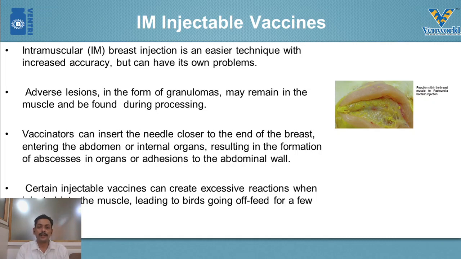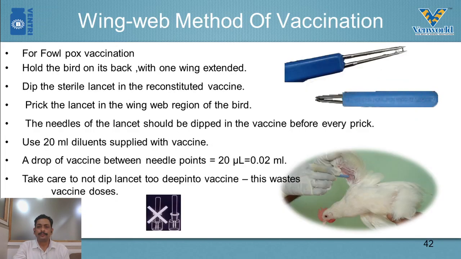Vaccinators can insert the needle close to the end of the breast, entering the abdominal or internal organs, resulting in the formation of abscesses in the organs or adhesions to the abdominal wall. Certain injectable vaccines can create excessive reactions when injected into the muscles, leading the birds to go half fed for a few days. Such types of reactions we found after the vaccinations.